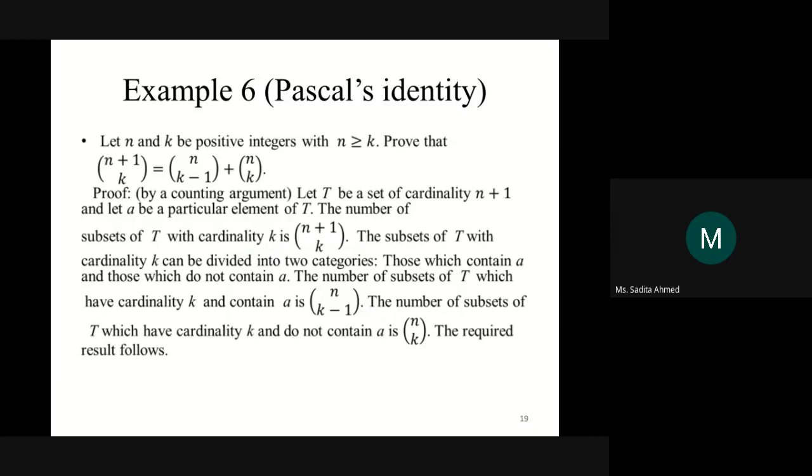In counting arguments, this is how we build things incrementally. First, we did propositional logic because propositional logic is used in set theory. Then we did set theory. Then some of the ideas of set theory were proved using counting arguments as well.